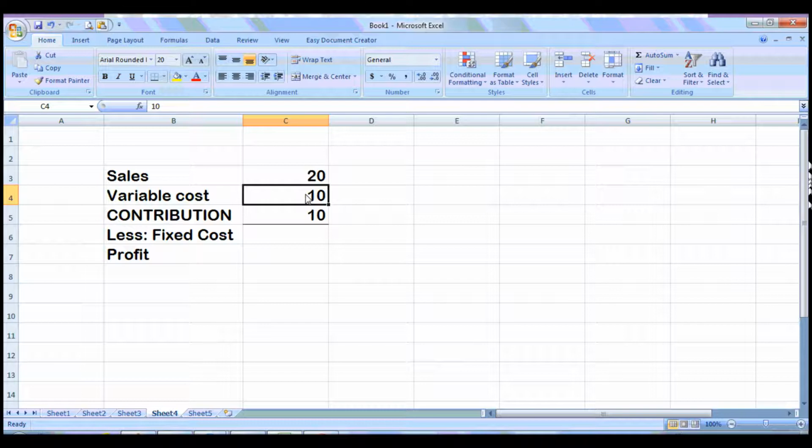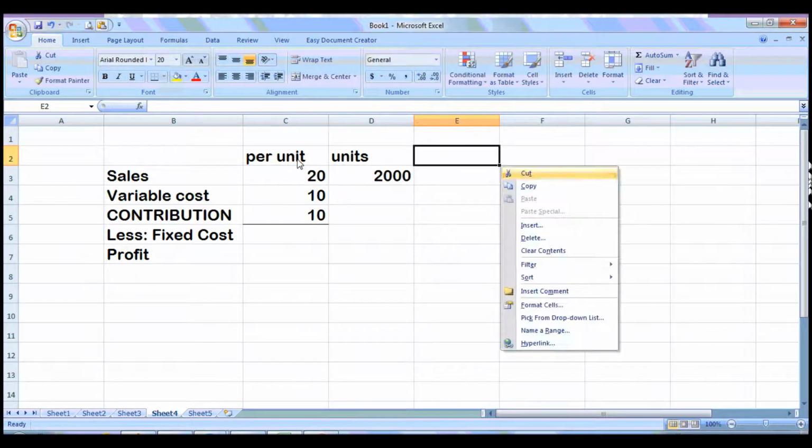So this is what we have done so far. We have earned 20 rupees per pen as sales revenue. We have recovered the variable cost first, and then we called the remainder contribution. All this happens on a unit by unit basis. Say we have sold 2,000 pens.